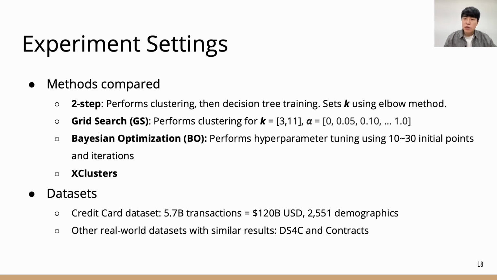In comparison to Bayesian optimization, the key difference is that it performs monotonic optimization based on the monotonicity properties. We use a real-world credit card dataset with 5.7 billion transactions that is worth $120 billion for 2,551 demographics. Other real-world datasets show similar results. Please refer to the paper for the details.